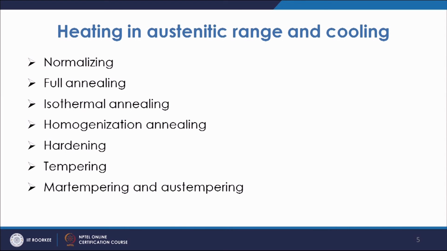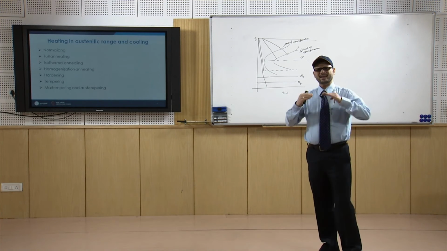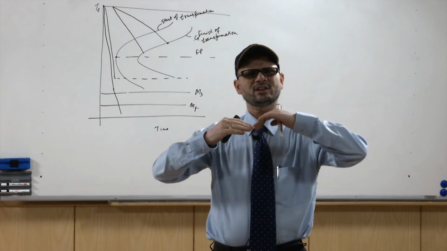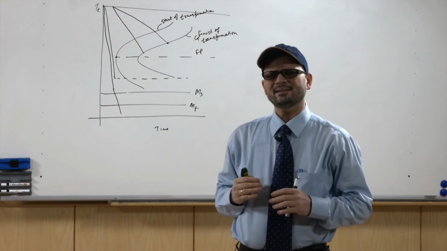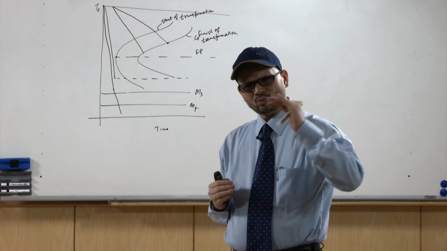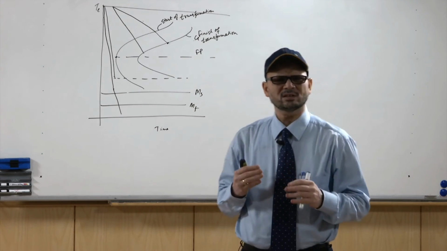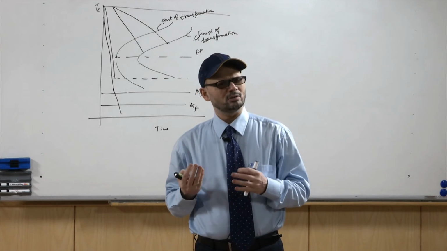When we have given this treatment, then comes hardening. In hardening, again you are heating the component above the A3 or ACM line and then you are quenching it in a medium like water, oil or brine solution.